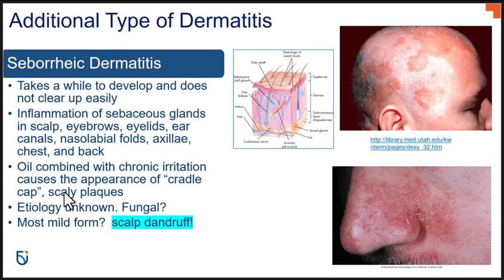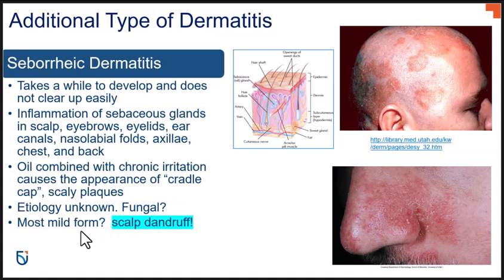Cradle cap is what we would see in infants. It's a common skin condition of newborns, and it's caused by overactive oil glands in their scalp. So their scalp will appear very dry, and parents will try to put as much lotion as they can, and they'll try to pick off the scaly parts, but that can just make it worse.